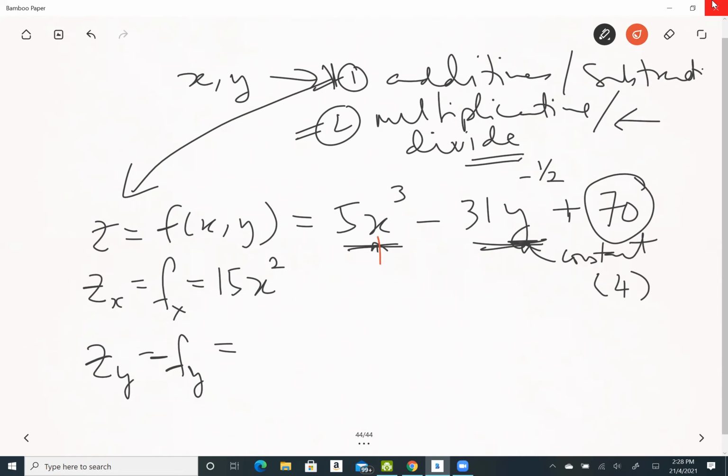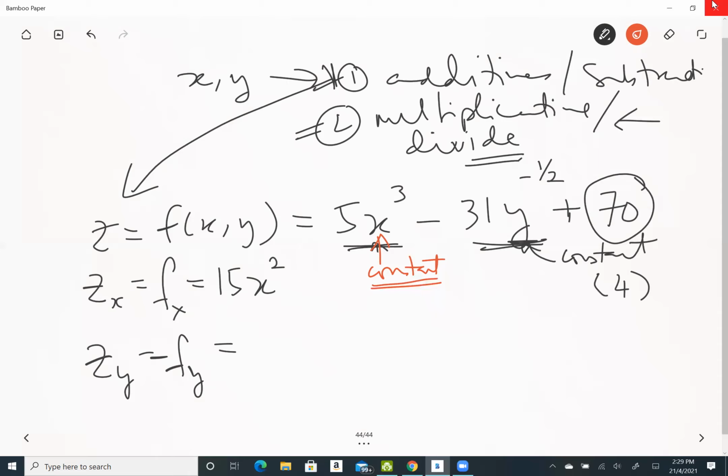So you think of the x as a number 3 or 4, whatever, but it's a constant. So you have 5 multiplied by x, and that is a constant, say 4. So what is the derivative of that term? 0.